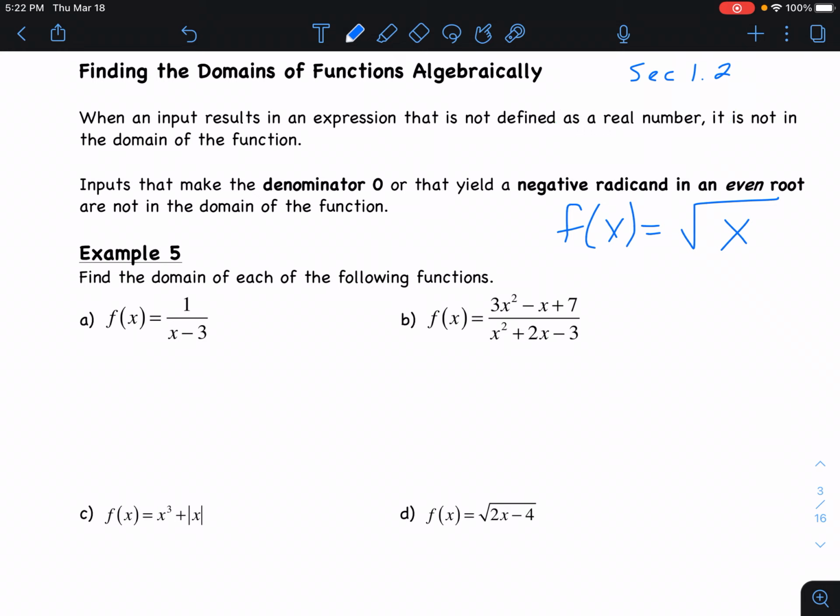Okay, so what you would say for there is you would say x has got to be all the numbers greater than or equal to 0. Or, another way of putting it, you can say x cannot be less than 0. Probably a little more confusing, so that's why we tend to go with this one, of what it can be when it's in inequality.